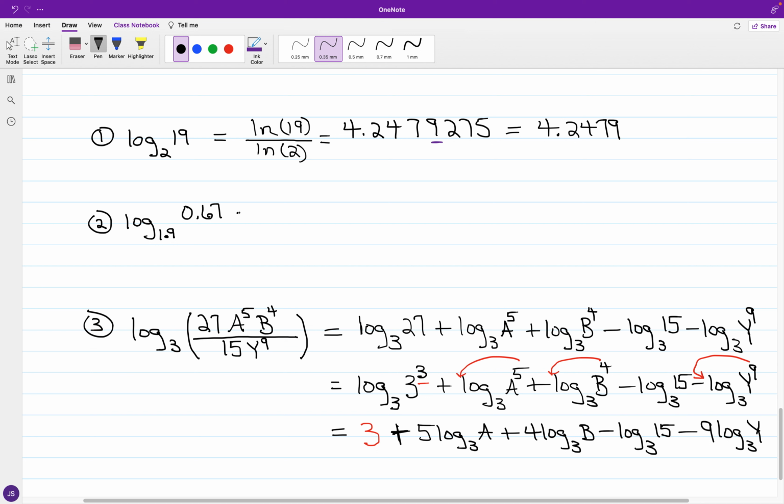Okay. Now, for the base 1.9 logarithm of 0.67, now I can reapply the ratio of natural logarithms. I'll just go with the base 10 logarithmic ratio. So here we'll have the base 10 logarithm of 0.67 all over the base 10 logarithm of 1.9.